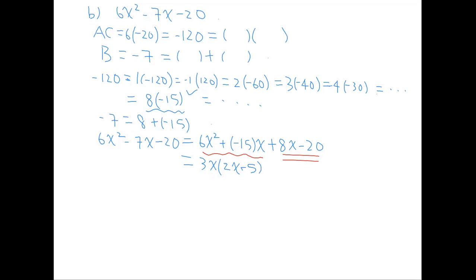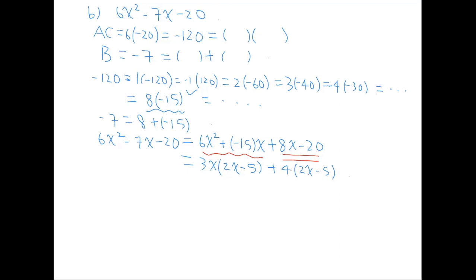And the second one, we factor 8x and a negative 20. So we can factor 4 out. 4 times 2x, 8x divided by 4, that's 2x, right? Negative 20 divided by 4, that's negative 5.